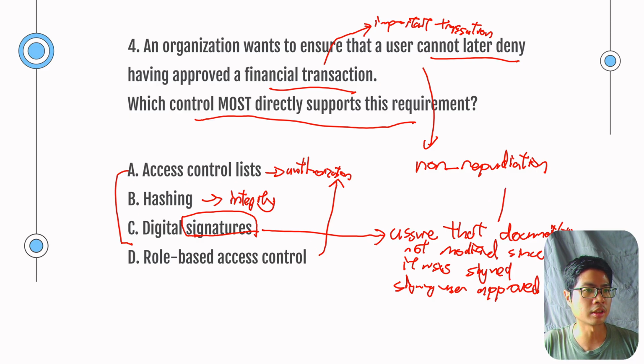And so this feeds into non-repudiation, because the document was signed by the user and it was not modified since then, so he cannot deny that it was him that signed.